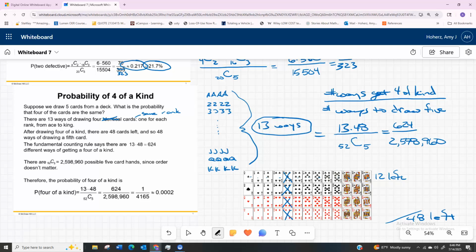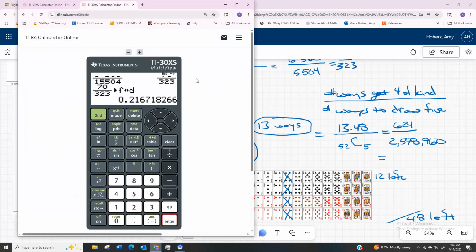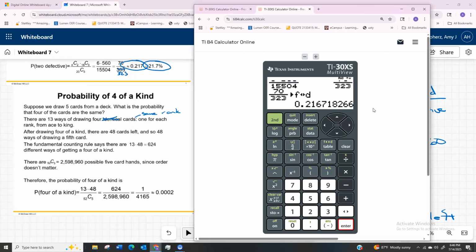Let me double check that on the calculator, since we have found a couple mistakes. I don't want anybody to get confused. So 13 times 48 gets us the 624. And then we have so many cards here that we're going to get a very large number for our combination. 52 choose 5 gets us that 2,598,960.